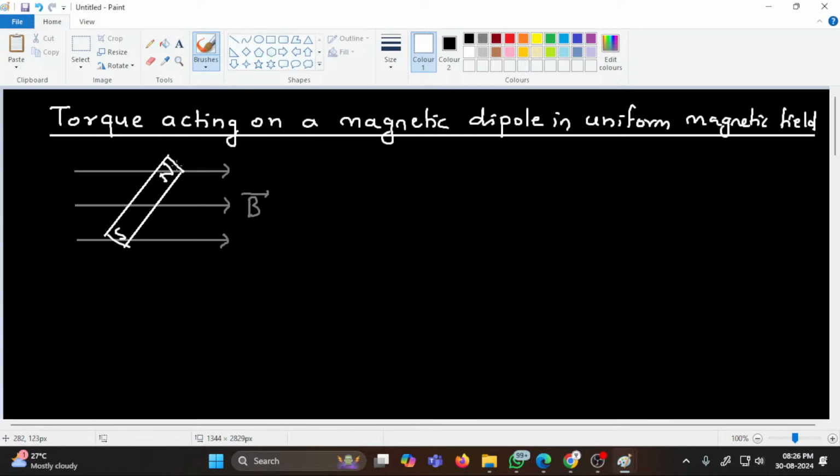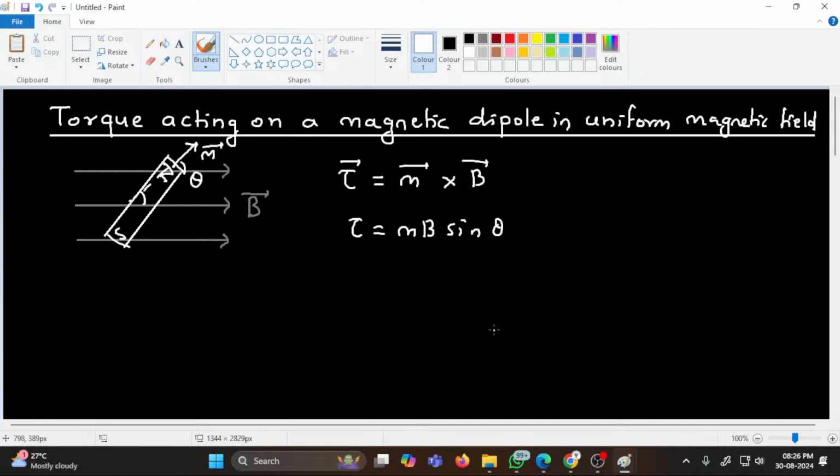So the direction of m bar, the magnetic dipole moment, is like this. If we extend it, this angle is theta. So tau bar is equal to m bar cross b bar, or tau is equal to mb sin theta.